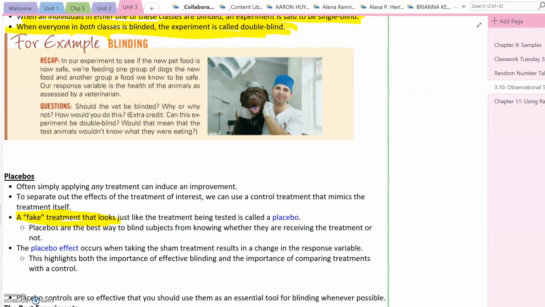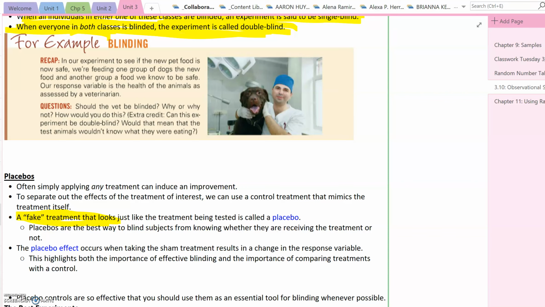So we give people placebos. We might give them a fake vaccine or a fake medication. That way they don't know if they're getting the treatment or not, because if they know whether or not they're getting the treatment, then they're not blind subjects, and then their biases may impact our data. The placebo effect, what that means is people believe that they got results from this fake treatment.